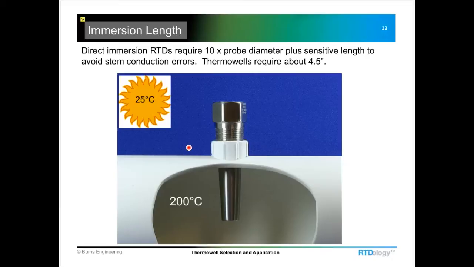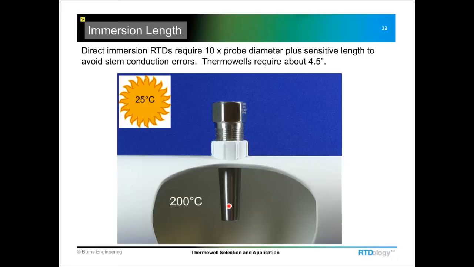But as soon as we have a temperature difference, our example here shows a 200 degrees C process fluid in a 25 C ambient condition, you're going to have some heat flowing around in here, and the ambient conditions are going to have a cooling effect on the sensing element, which is down in this area.